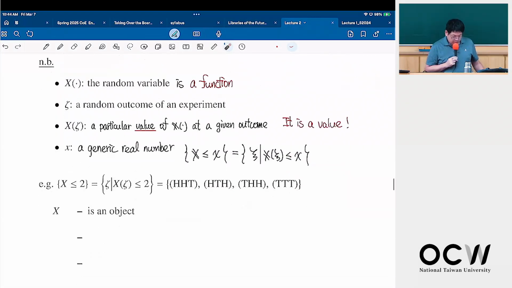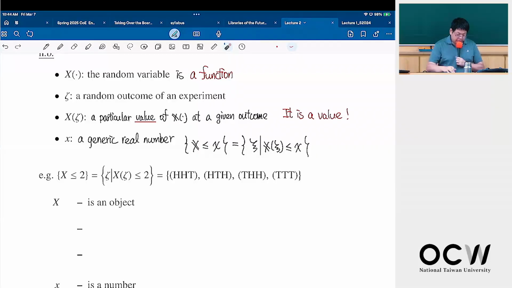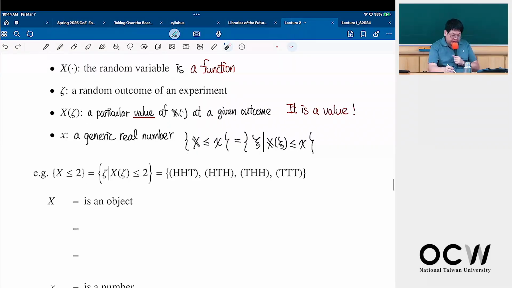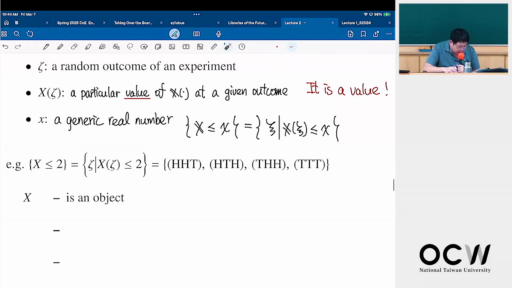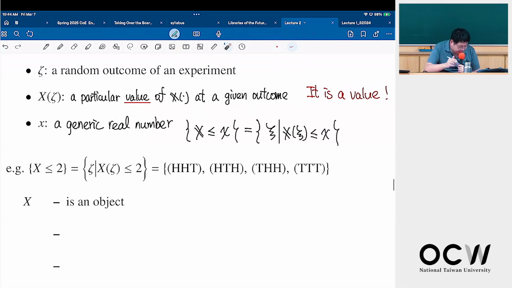Okay, so now the capital X is an object, and it is not a numerical value.